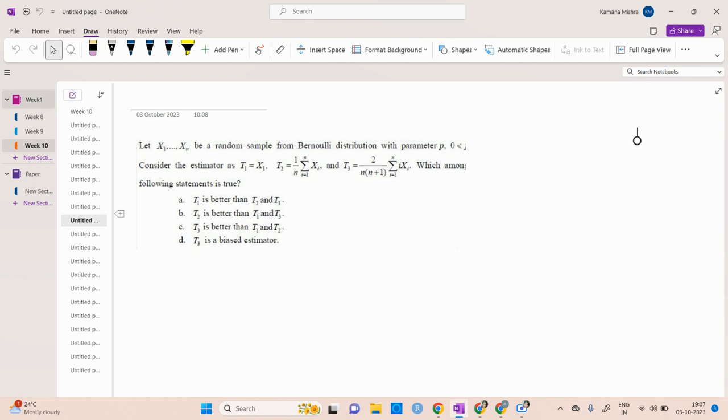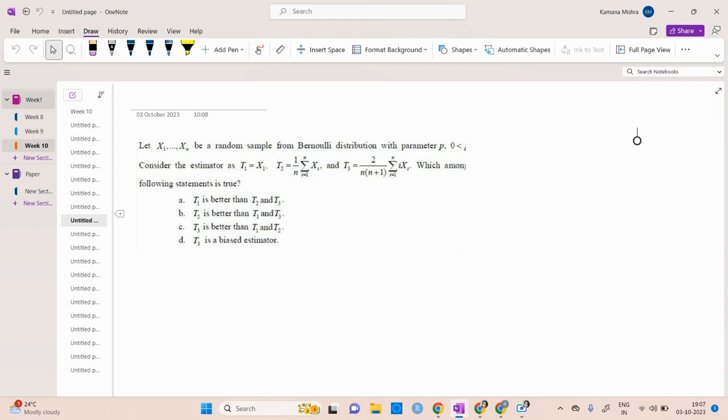So firstly, in the first case we just remove T2. If one is biased, we just remove it. If all three are unbiased, then we check for the next property, whether it is consistent or not, or we check the variance. So variance basically we check in the time of consistency. So we look for minimum variance.